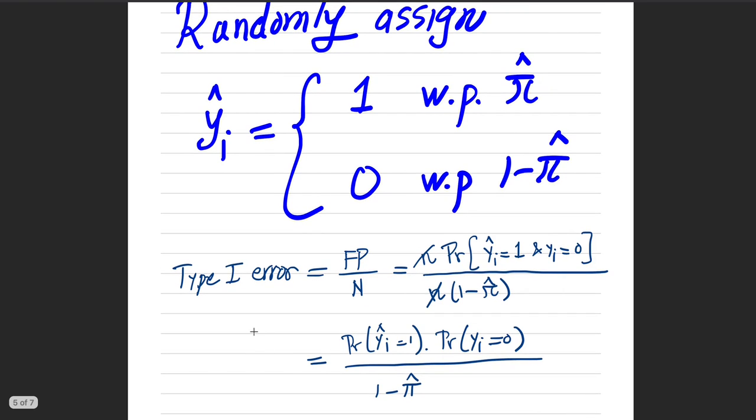So what is a type 1 error? It's the false positives divided by the negatives. Roughly speaking, the negatives is, not roughly speaking, it's exactly n times 1 minus pi hat.